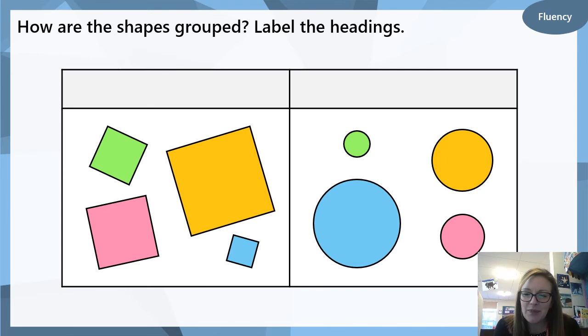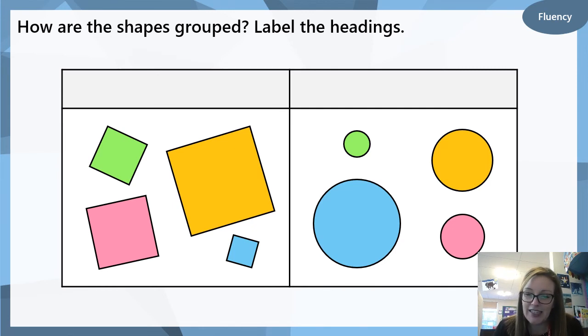Okay, so another thing to have a think about now. I've got two groups of shapes there. I want you to see if you could think of a label to put in each box. So what could I label the first group as? What could I label the second group as? So you can pause the screen and have a little think. Look carefully at the shape. Think about how many sides, how many corners they've got.